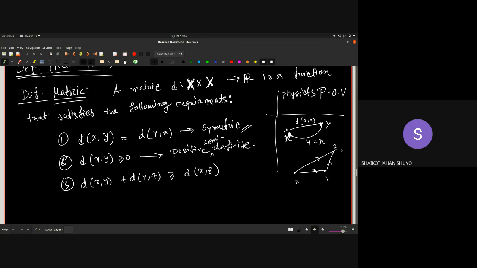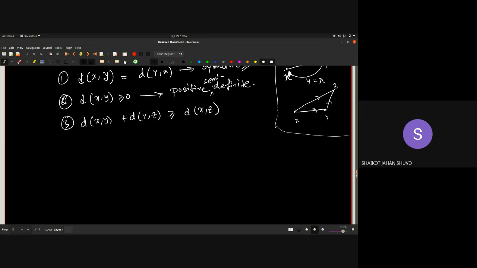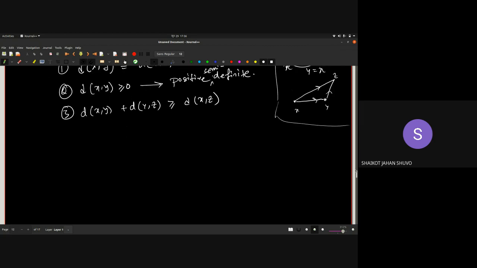The sum of two arms of a triangle is greater than the other one. So that's a physicist's point of view. And a mathematician would define a metric like this. They won't call it a distance. Okay, so any questions so far?